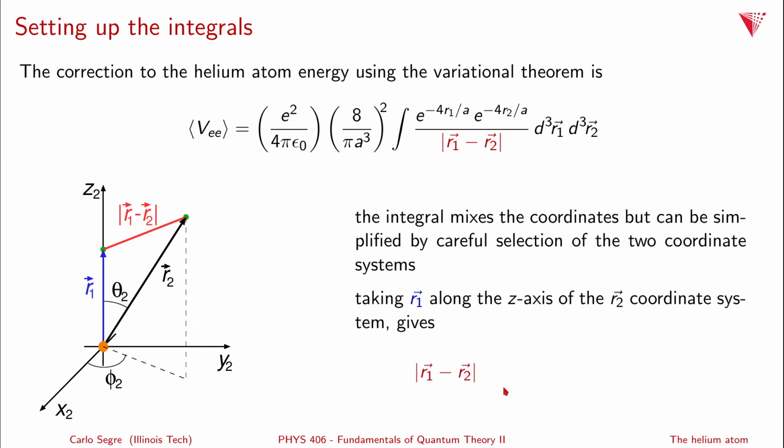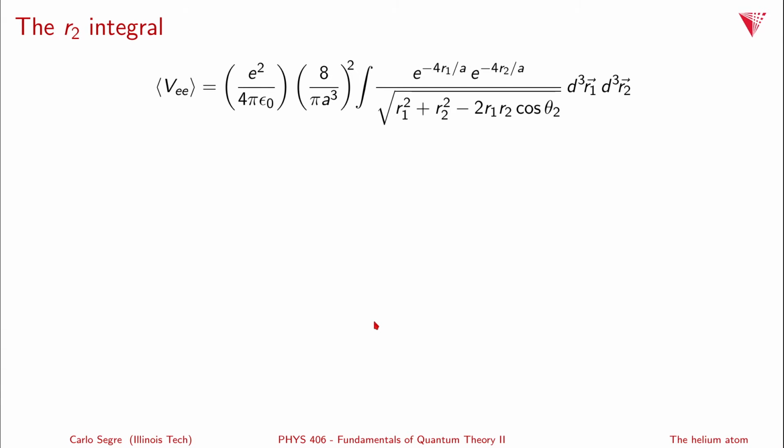So when we take that absolute value, r1 minus r2, and these are vectors obviously, we get that this is equal to the square root of r1 squared plus r2 squared minus 2 r1 r2 cosine theta sub 2. Because clearly now that angle is defined within the coordinate system of electron 2. When we put that into the integral, we get the following.